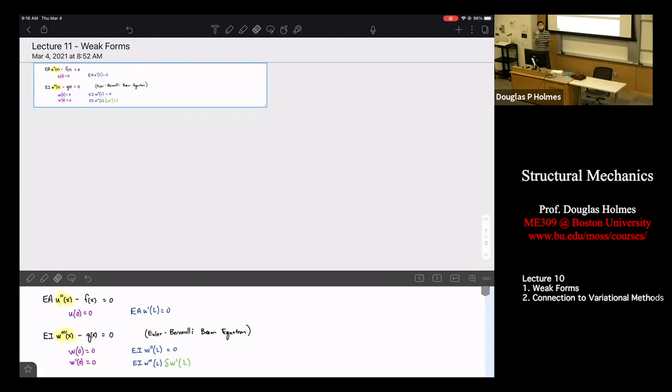So if the product of the stuff in blue and the stuff in green has to be equal to 0, then what we're left with is that this should be equal to 0. This boundary condition is pretty straightforward. What does this one mean?